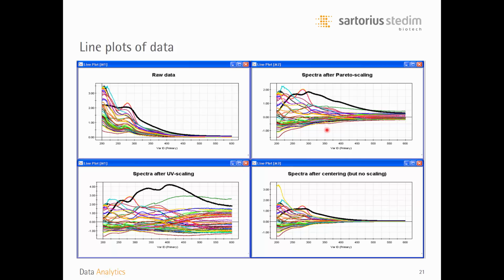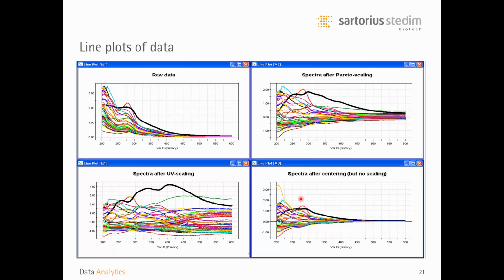This atypical spectrum is a little less extreme if we Pareto scale the data, and with this scaling there is still some scope for the high wavelength region to impact the analysis, but definitely the peak will dominate.